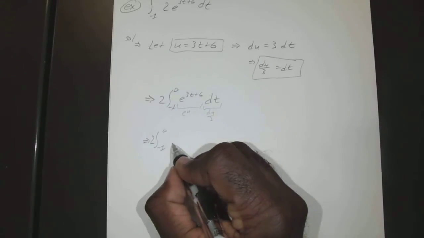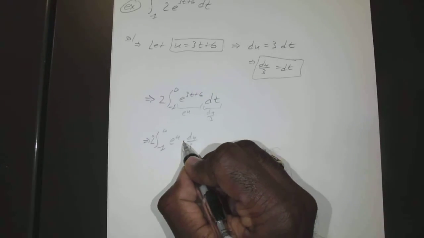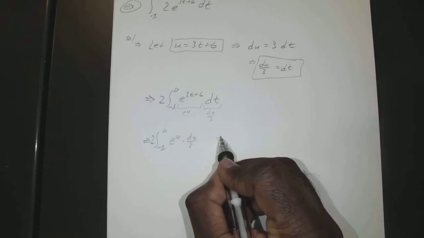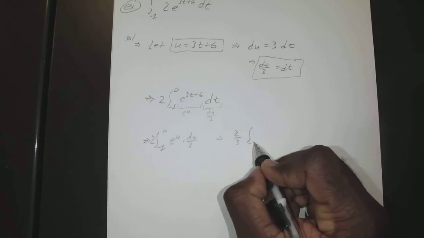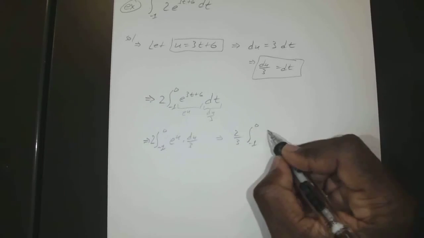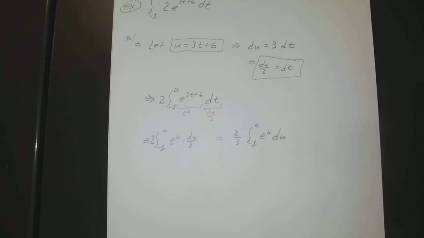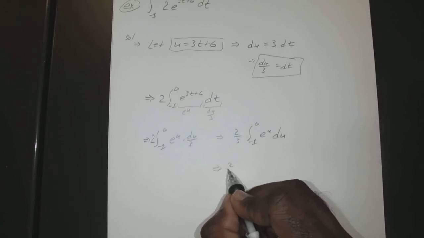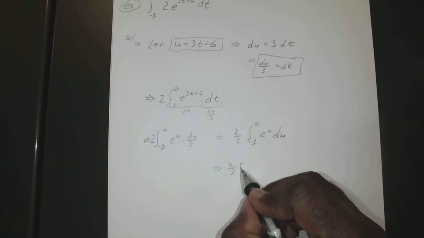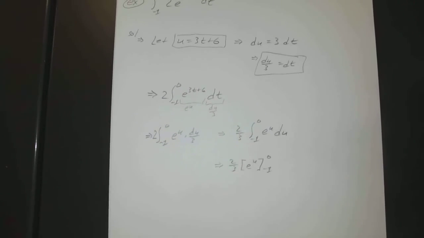From -1 to 0, e to the u times 1/3 du. Bring that 3 right out. So from -1 to 0 of e to the u du. So the integral of e to the u is just e to the u. So you have 2/3 times e to the u from -1 to 0.